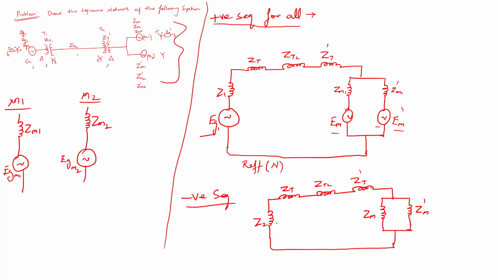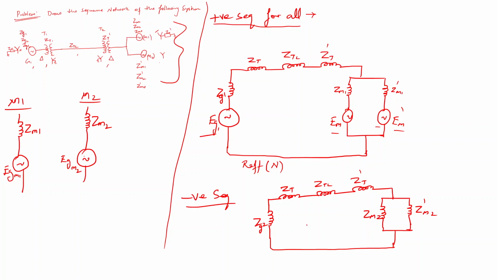Otherwise you can put Z2 for this generator, and here also it is M2. Okay, I'll add Z here as Naveen said. Okay, ZG2, and this is ZM2, this is ZM2. So this is the diagram for negative sequence.